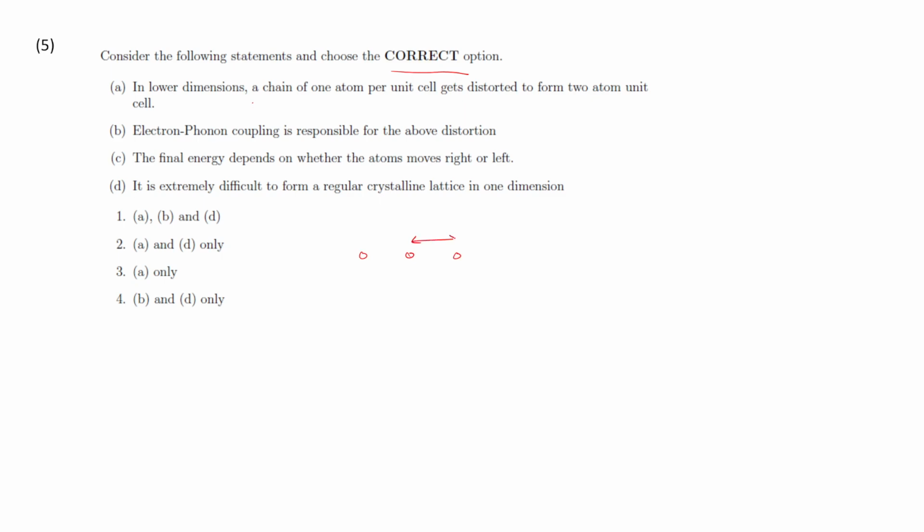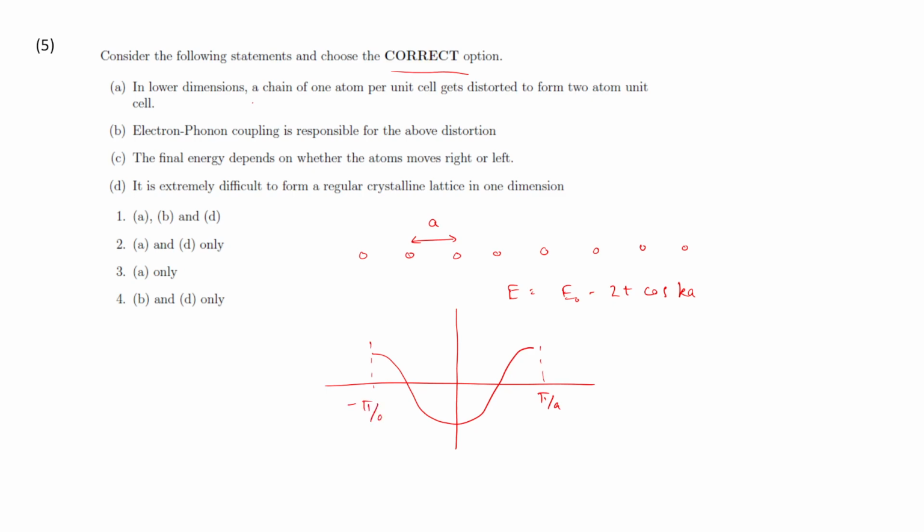Let us say it has a lattice constant of a. If you have followed the tight binding approximation, you will get E equal to E naught minus 2t cos ka, and in the energy band diagram you will see something like this, with pi by a and minus pi by a.